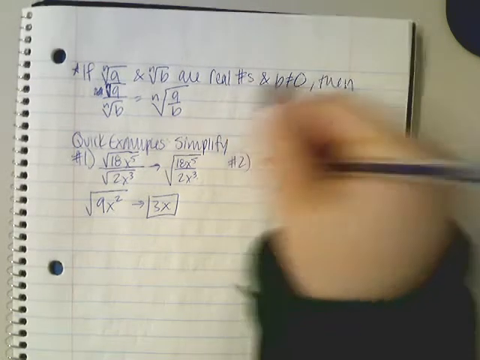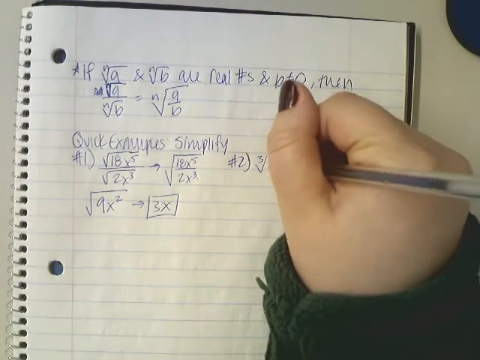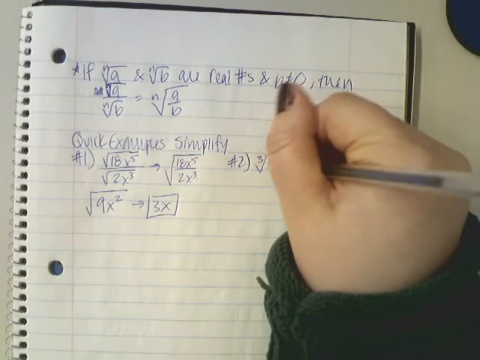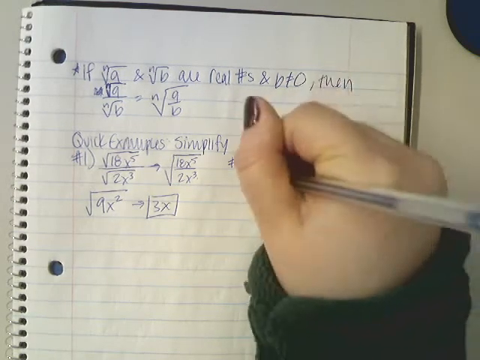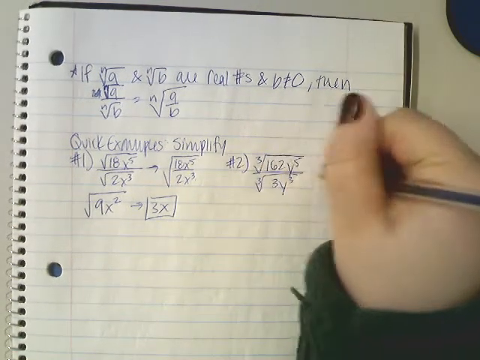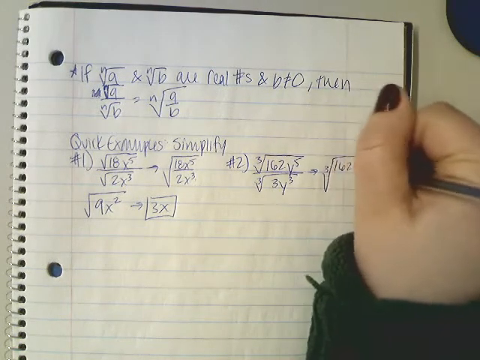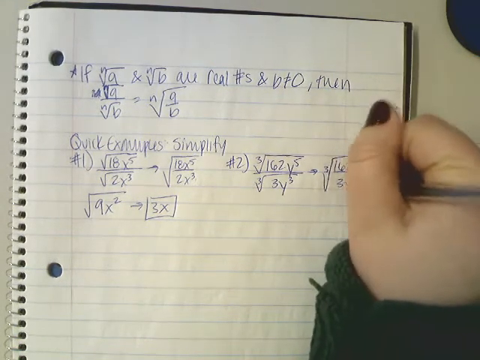Another quick example, just to make sure we're all on the same page, if I have the cube root of 162 y to the 5th over the cube root of 3y cubed, then again, I can rewrite that as the cube root of the whole thing, 162 y to the 5th over 3y cubed.